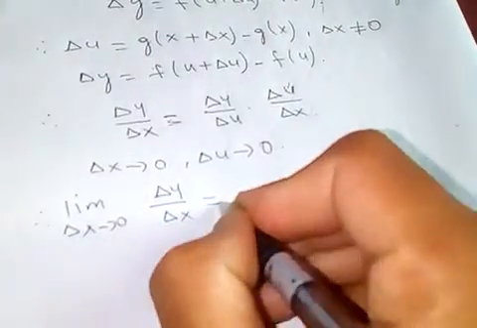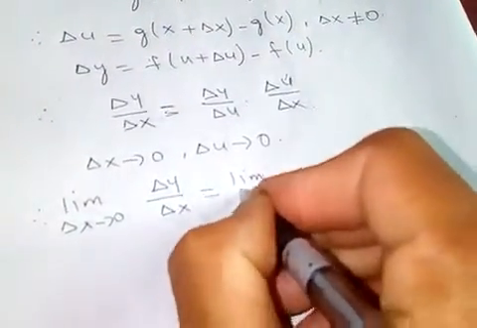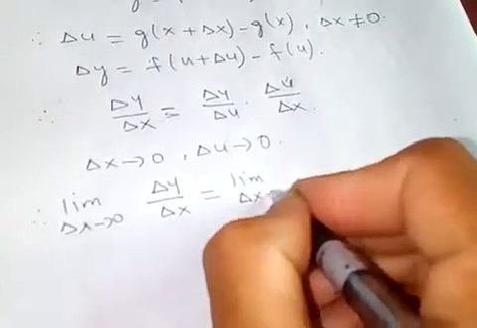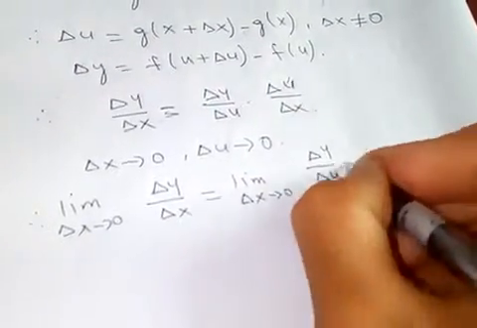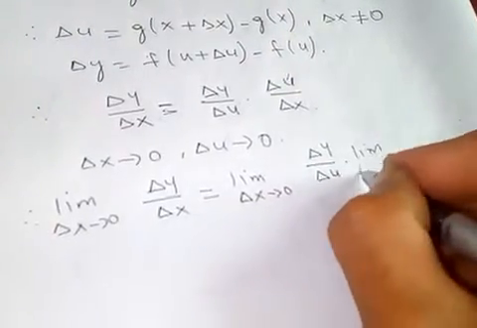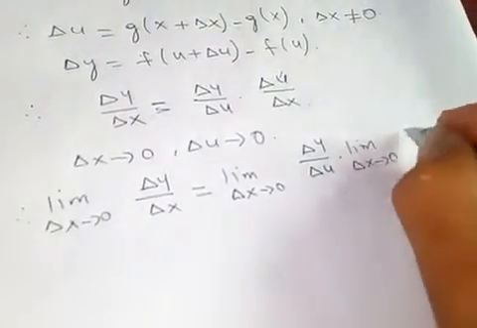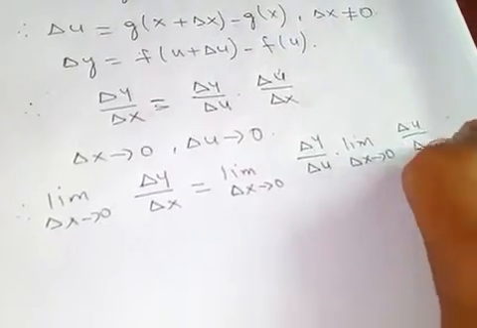Therefore we take the limit as delta x tends to 0 of delta y by delta x, which is equal to the limit of delta y by delta u times, from the properties of limits, the limit as delta x tends to 0 of delta u by delta x.